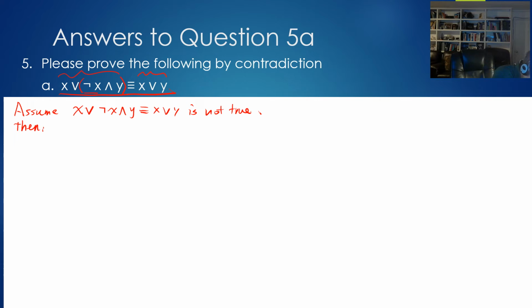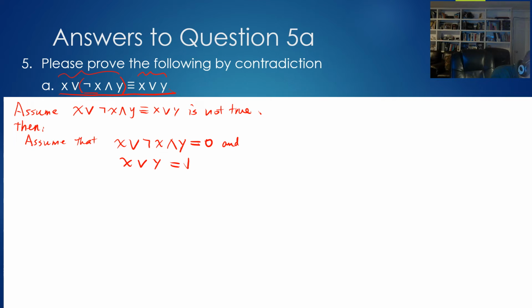So that's why if we prove one side, say assume that the left side is 0 and the right side is 1.